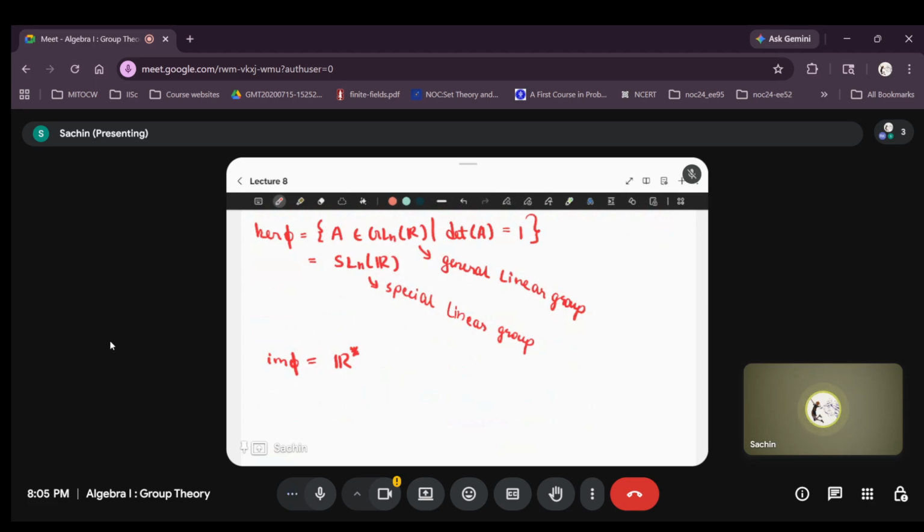There are different ways to show that, but the matrix diag(a, 1, ..., 1): pick any a in R star, then the matrix with a in the top-left corner, 0s elsewhere, and the identity I_{n-1} has determinant a.